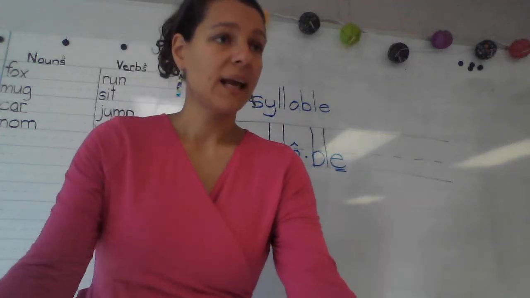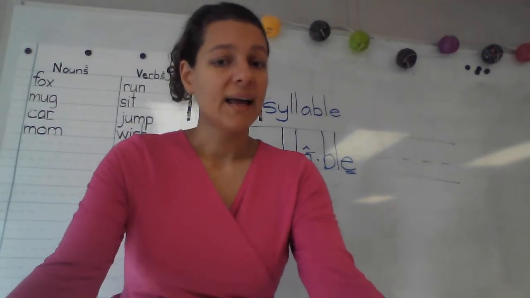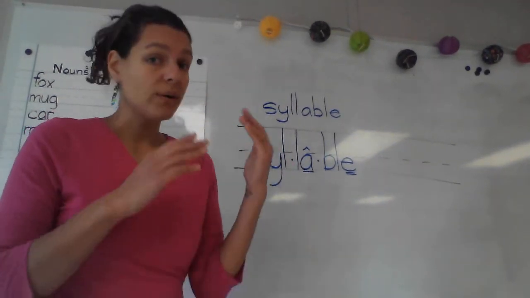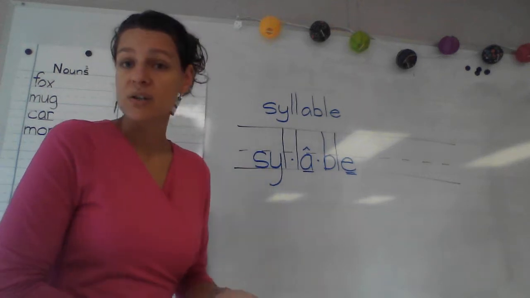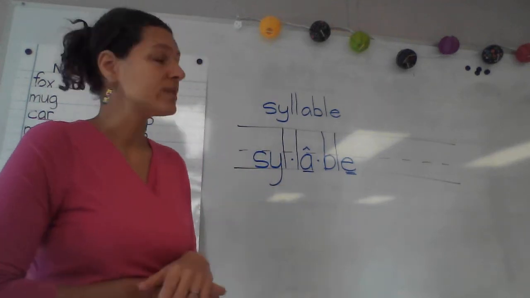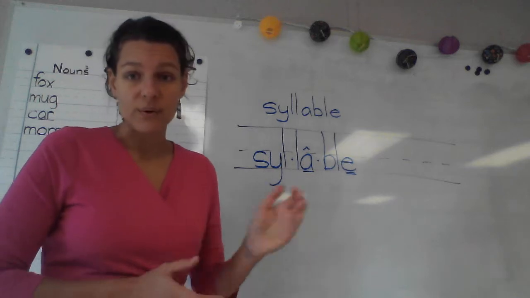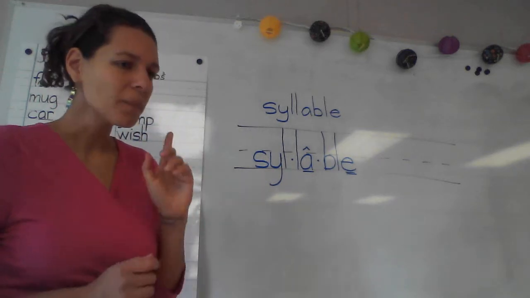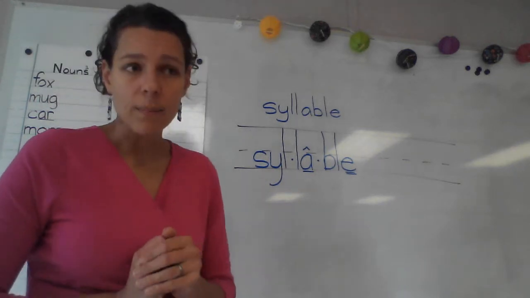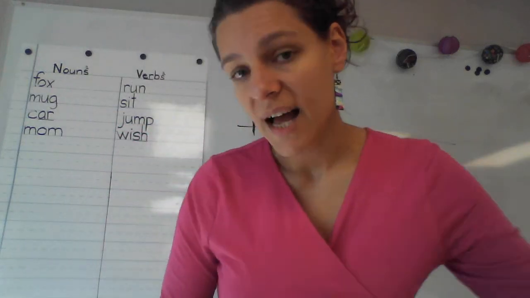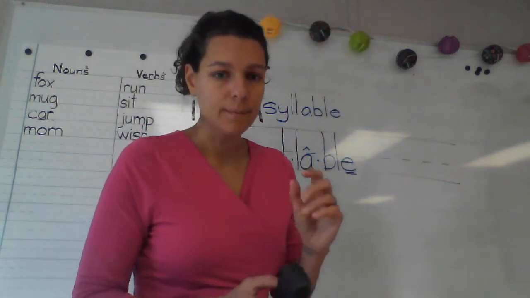You might have learned it in kindergarten last year, but if you're new to our school or if you didn't learn it last year, I want to make sure you know, because a lot of our English rules have to do with syllables. All right, so a syllable is a chunk of a word.